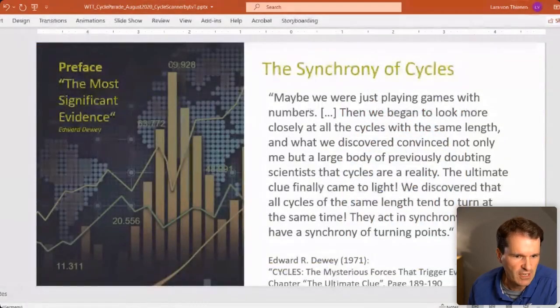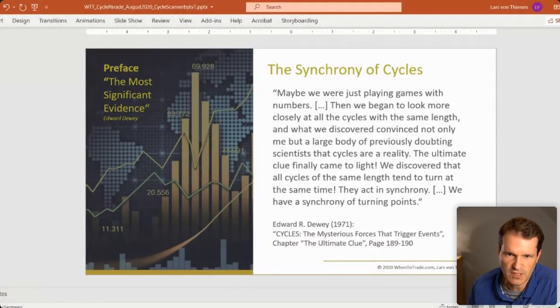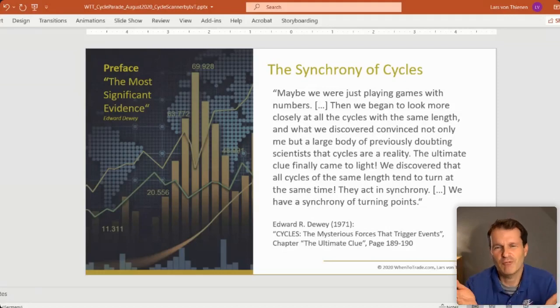One of his main findings, and this is just one important setting here, his most important finding, is this synchrony of cycles. There was a time in 1971 where he asked himself, are we just playing with numbers? Is all this cycle analysis, even what we are doing with the cycle tools, just playing with numbers?